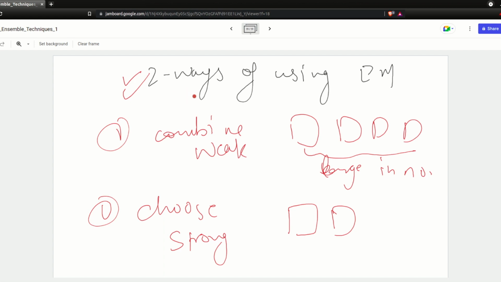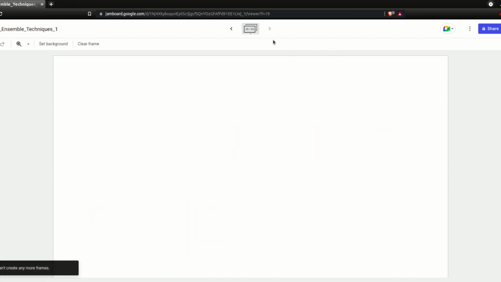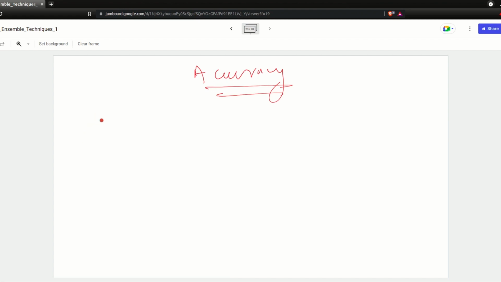Now, moving on, we can see how we can calculate the accuracy of a model. Let's say we have predictions. For calculating accuracy, firstly we have to decide whether it is a regression or a classification problem.